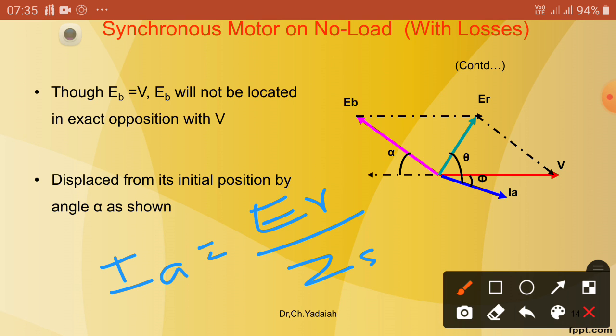Once we know the ER, it is possible to generate the back EMF. Already the back EMF is generated. This current is present in the system, and it is enough to generate some torque to meet these losses.